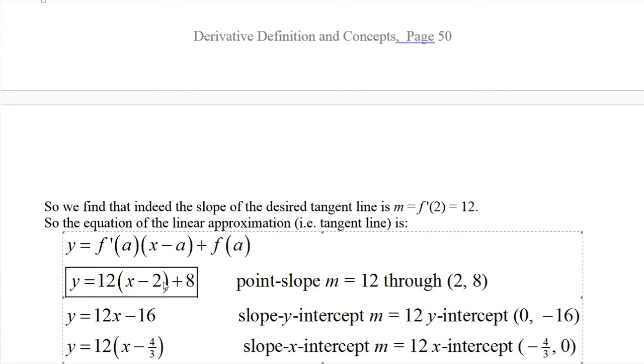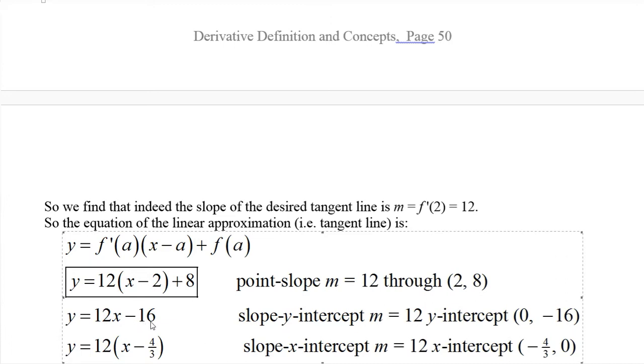And near (2, 8), it's the best approximation of the original function. Okay, so we would say f of x is approximately 12 times x minus 2 plus 8. Now, we could also distribute here and combine like terms to get 12 times x is 12x. 12 times negative 2 is negative 24, plus 8 is negative 16.